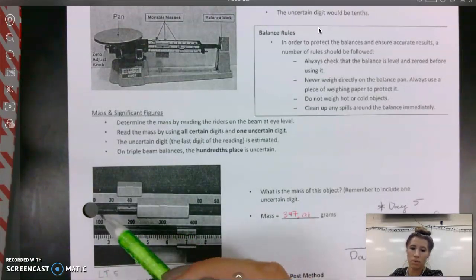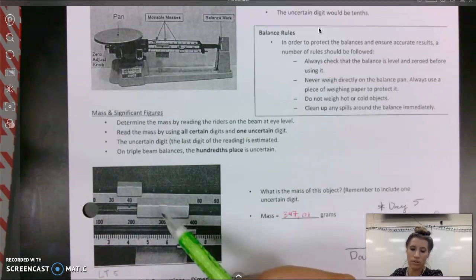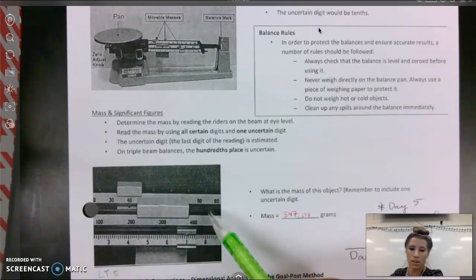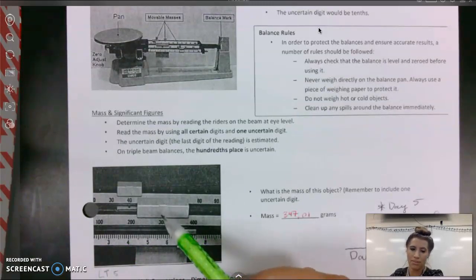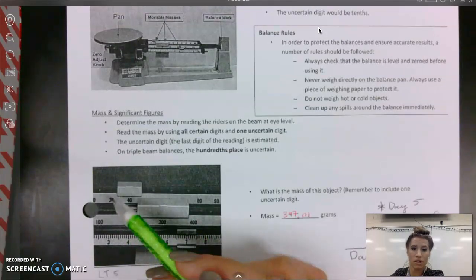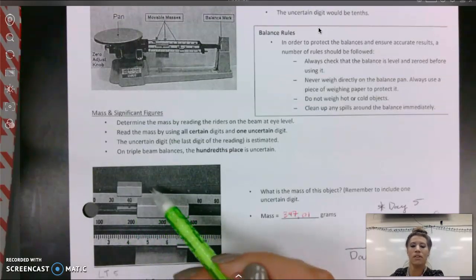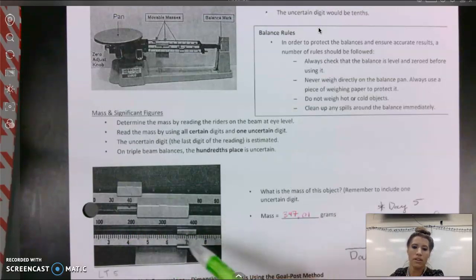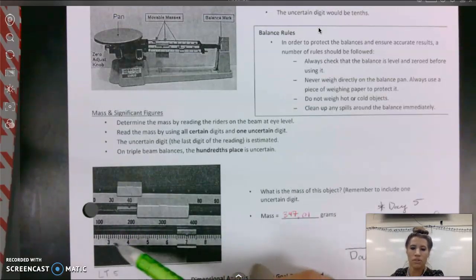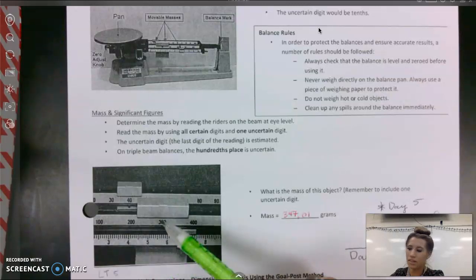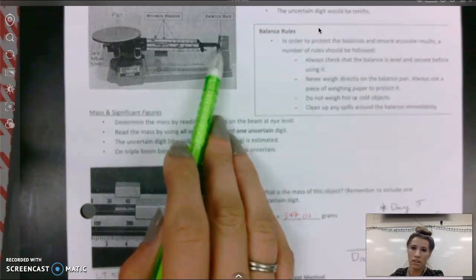And we start by moving the 100-gram one first. And then once it tips the scale, then we put it back to the one before. Then we go to the tenths, and we start moving that until it tips the scale, and then we go back to the one before. And then our last one is a sliding one here. And so it starts at 0, and we slowly slide it until we're all balanced out there.